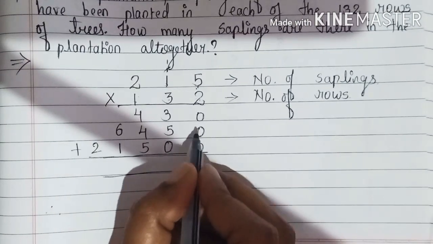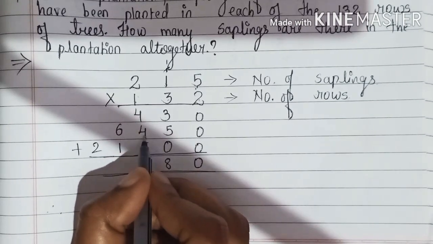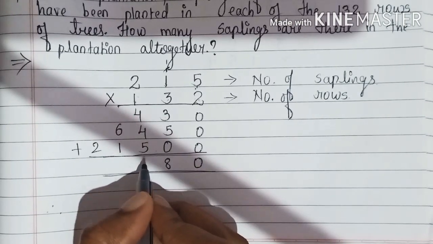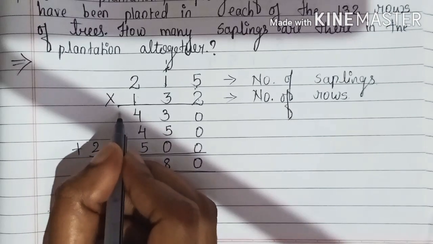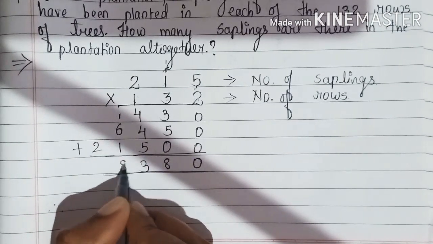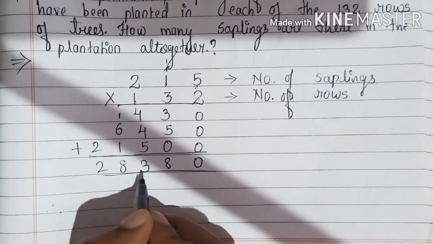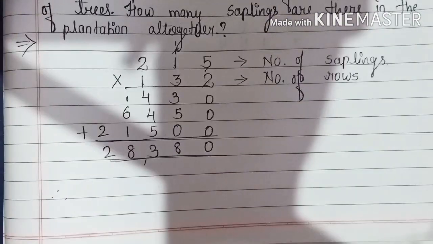Now we will do addition. This will be 0. 3 plus 5 will be 8. 4 plus 4 will be 8 and 8 plus 5 will be 13. 3 here and 1 will be carryover. 6 plus 1 is 7. 7 plus 1 will be 8. And this 2 we will write as it is. So this will become 28,380.